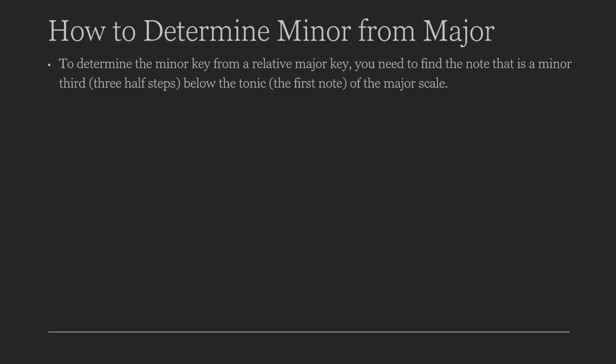So from C, which is the tonic of the C major we are considering, we are counting 3 semitones backward. So counting 3 semitones backward will take us to what? A quick answer.